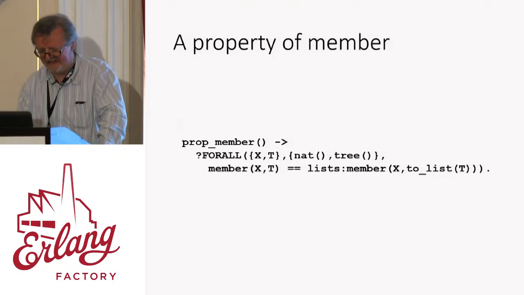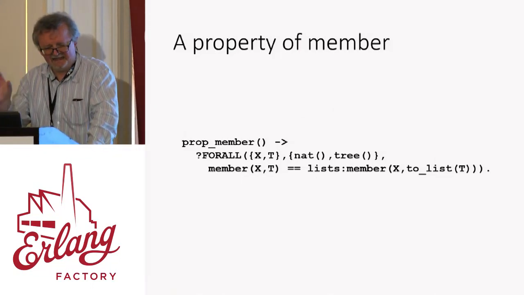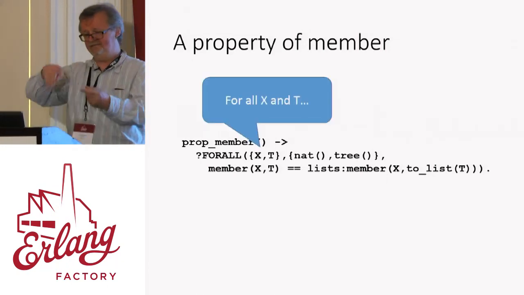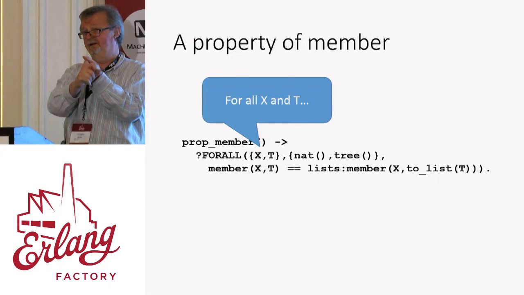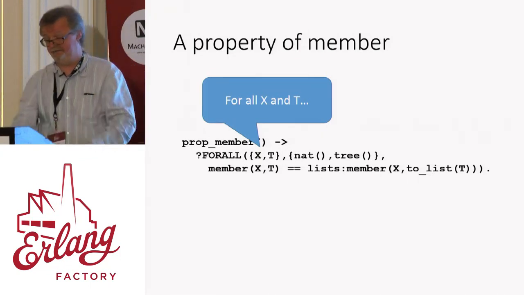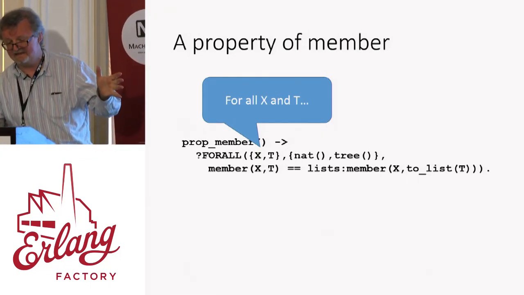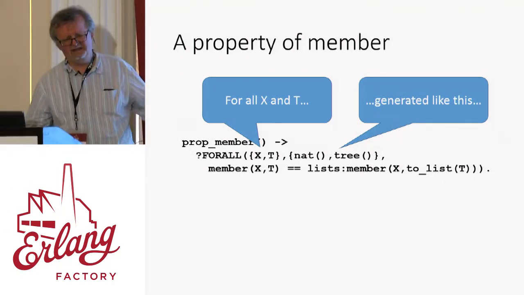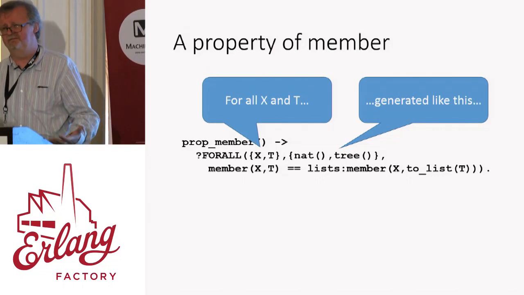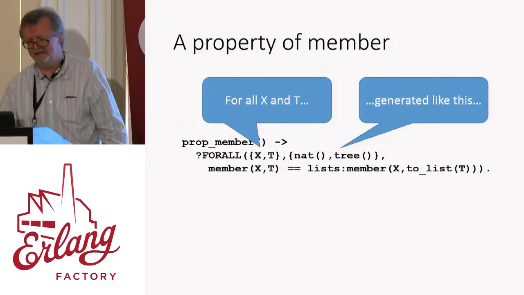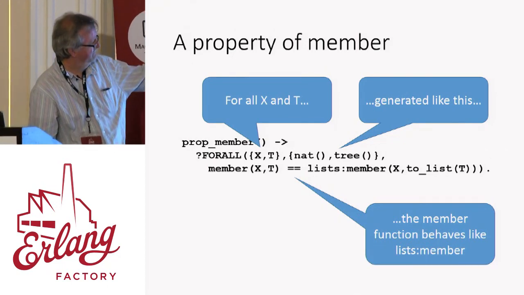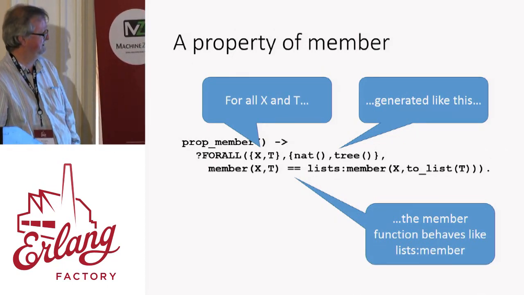A property of members says, not for any particular test case, but for all test cases with x, that's the value we're going to look up, and t, that's the tree we're going to look in. So for all x and t that are generated by that generator there, and I'm going to use a natural number as test data and a tree, then it must be the case that the equation on the next line holds.